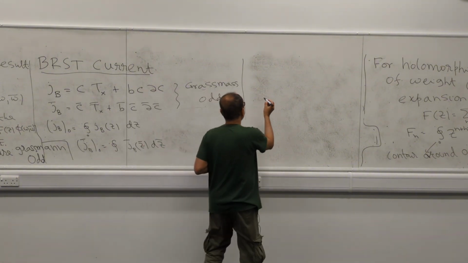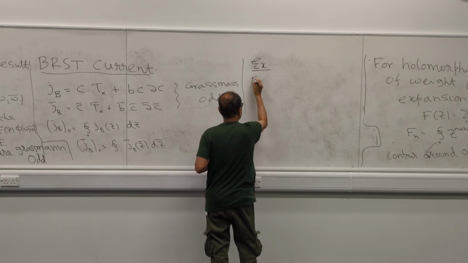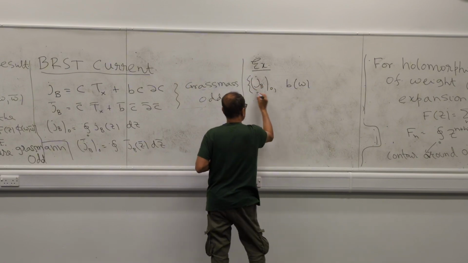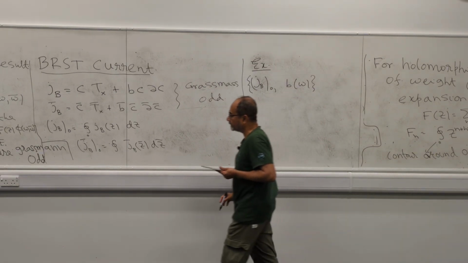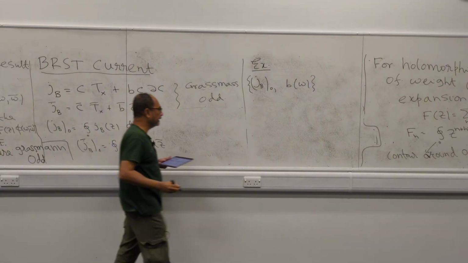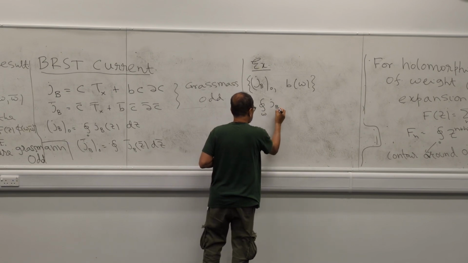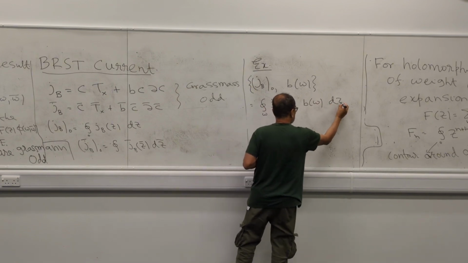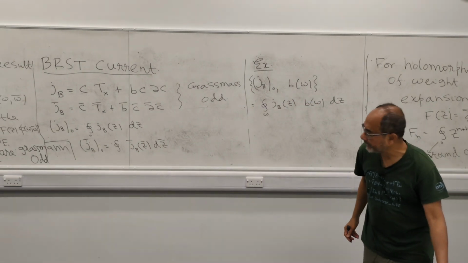So, an exercise: if we try to calculate the anti-commutator, both are Grassmann odd, J_B is Grassmann odd, b is Grassmann odd. So the anti-commutator you can calculate using this identity over here. This is given by the integral around w of J_B(z) b(w) dz.